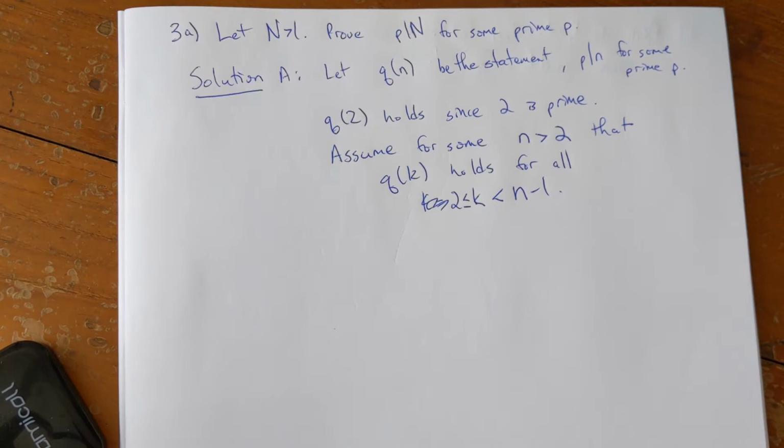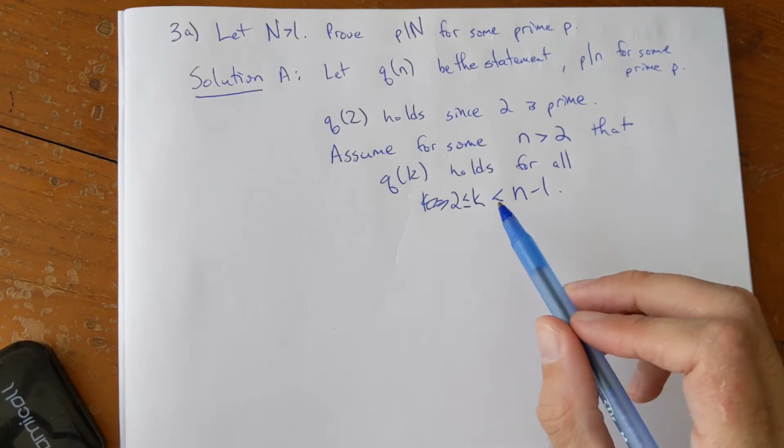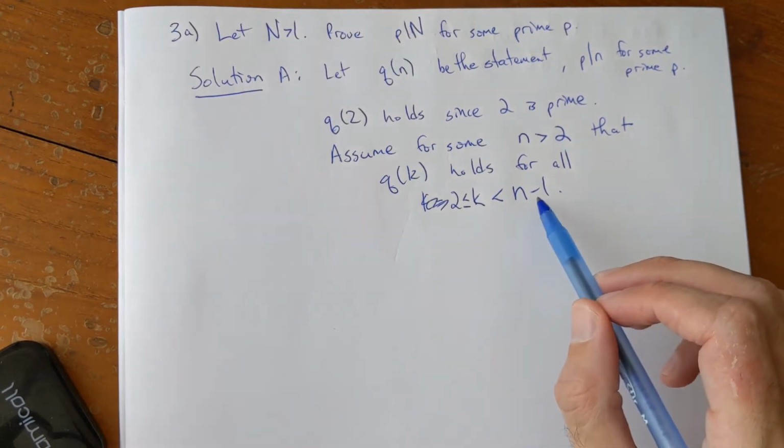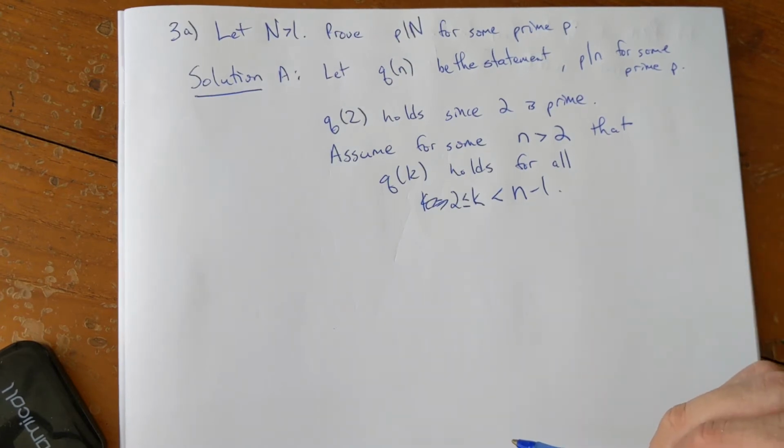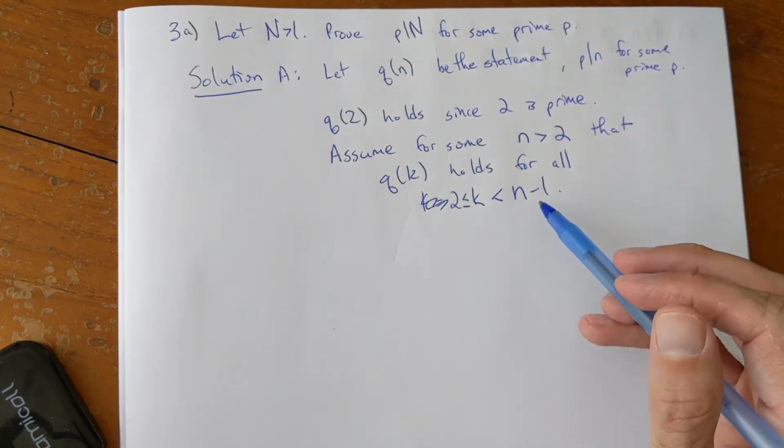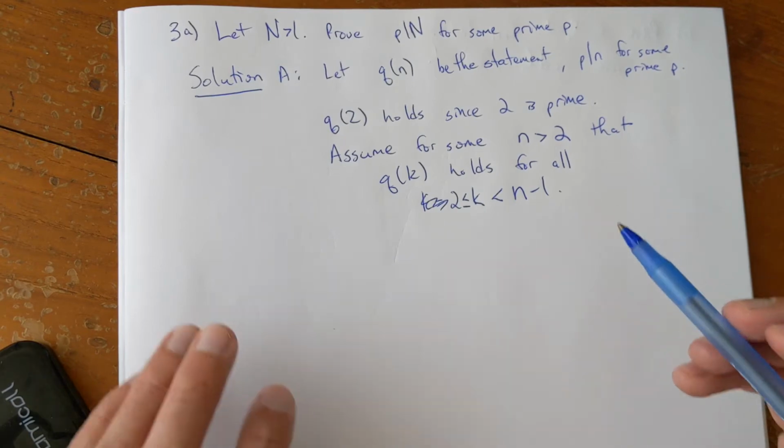So what we're saying is that we're assuming that all the integers from 2 up to n minus 1 are divisible by some prime. Now we're going to try and show that n is divisible by a prime.